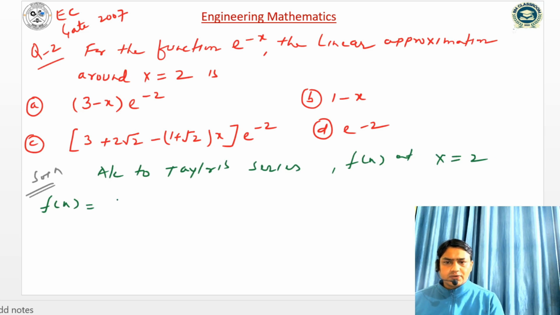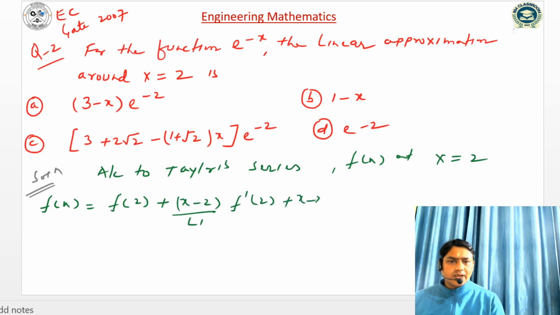So f(x) is equal to f(2) plus (x minus 2) divided by factorial 1 into f dash (2), plus (x minus 2) whole square divided by factorial 2 f double dash (2) plus so on and so forth. So we have to take the linear approximation. So these two terms are the linear terms.